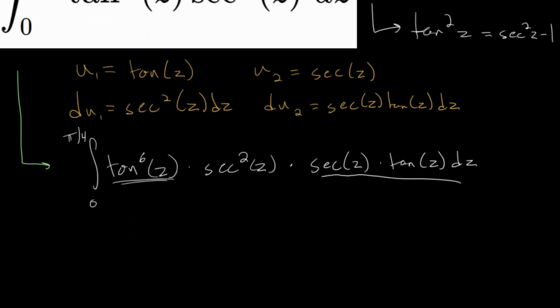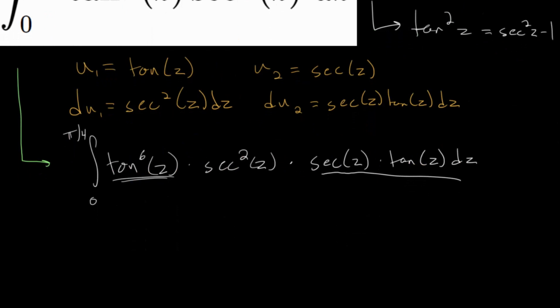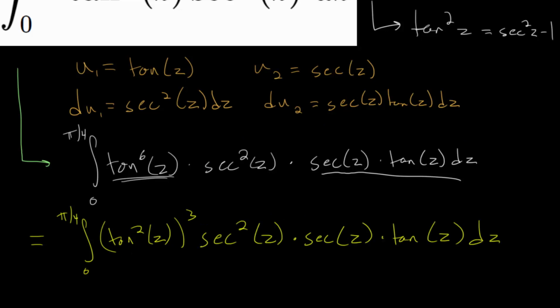Let me make just a bit more room. We'll keep our identity on the screen here. This integral still goes from 0 to pi over 4, but now we'll have the tangent squared of z, and we'll raise all of this to the 3rd power, and I'll just rewrite the rest of this. From here, let's replace this tangent squared of z with the secant squared of z minus 1.